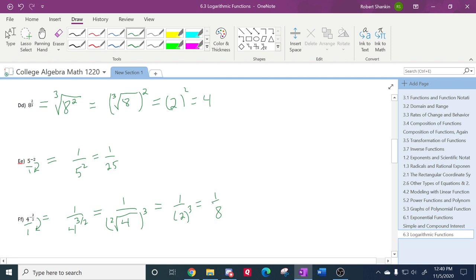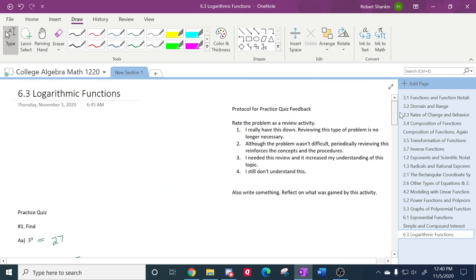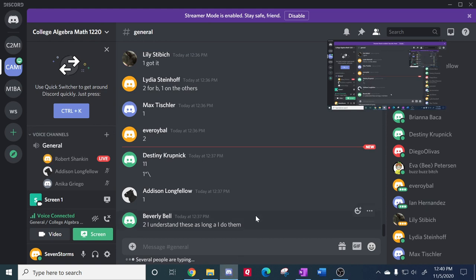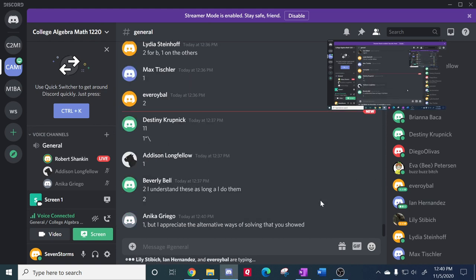Okay, on these three, give me feedback again, and let me show you the protocol again. These four. Go ahead and hit enter.